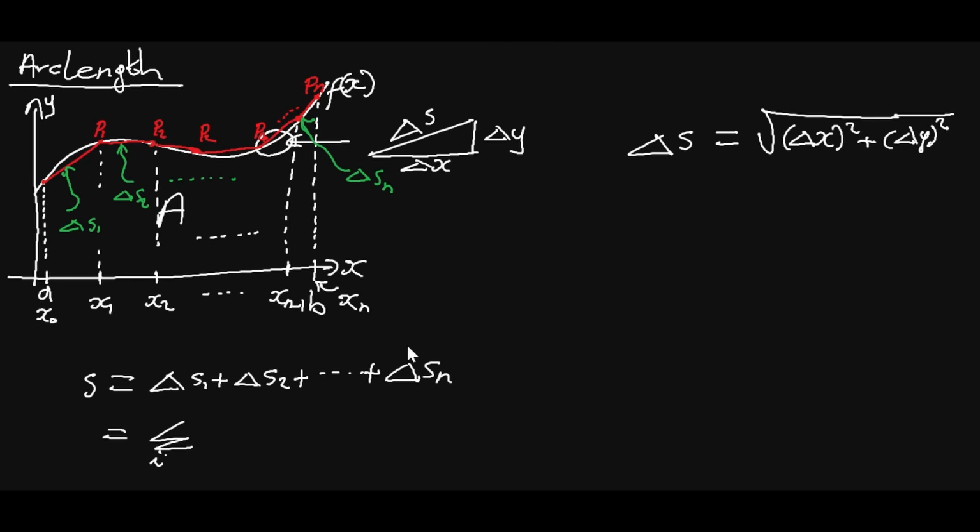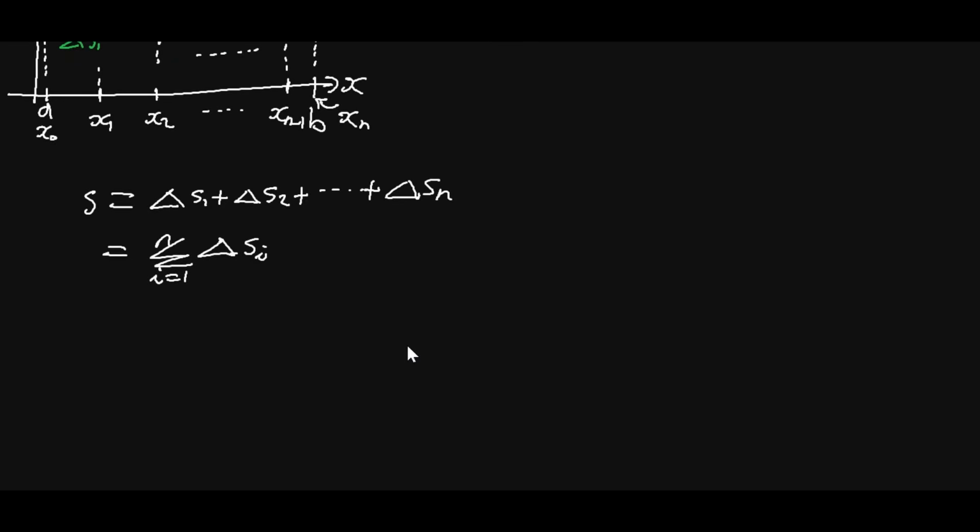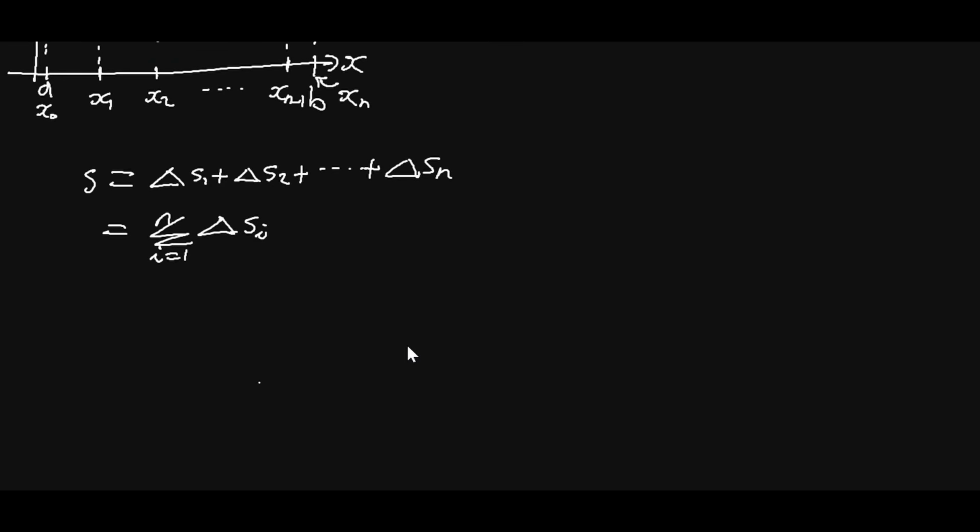Let us say i is equal to 1 up to i is equal to n. Then what are we summing? We are summing this delta Si. Okay, so that is what we are summing.